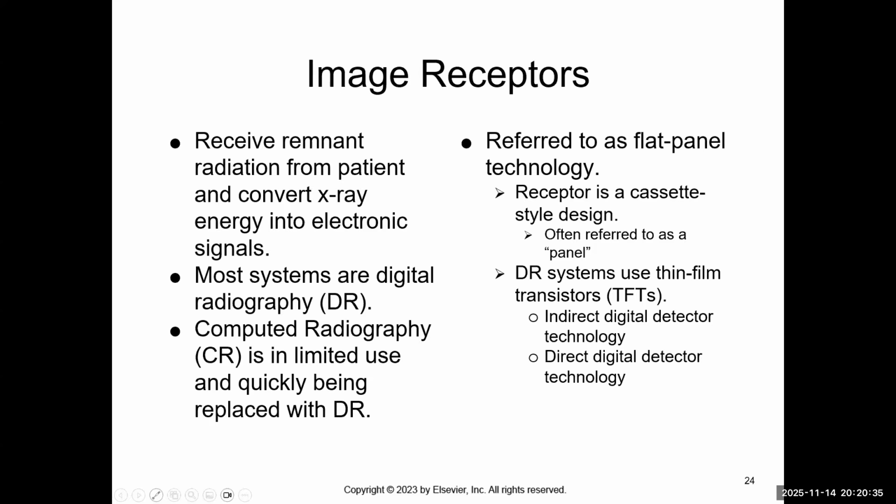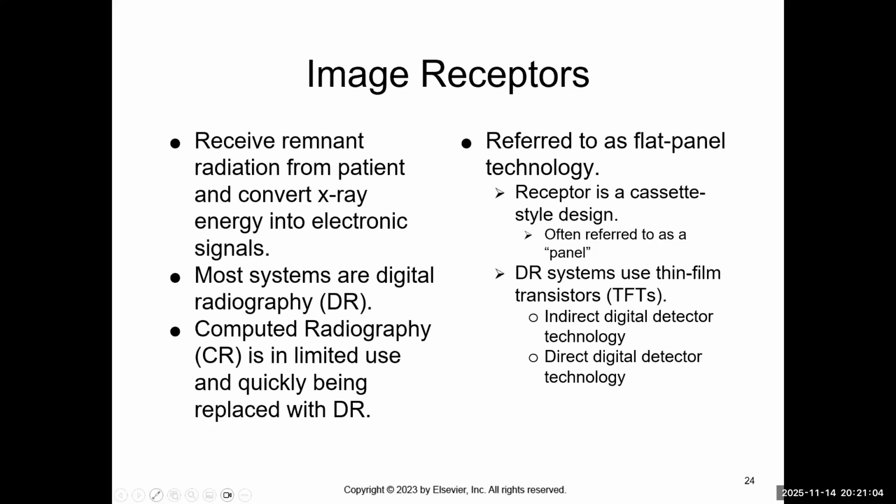Most systems now, everybody's probably gone to the DR, which does show up, whether it's CR or DR, it does still show up on the computer screen and you can manipulate it post-processing, but DR is a little bit quicker because that CR technology is still cassette based in the sense that to get that image, you have to put it in a processor.